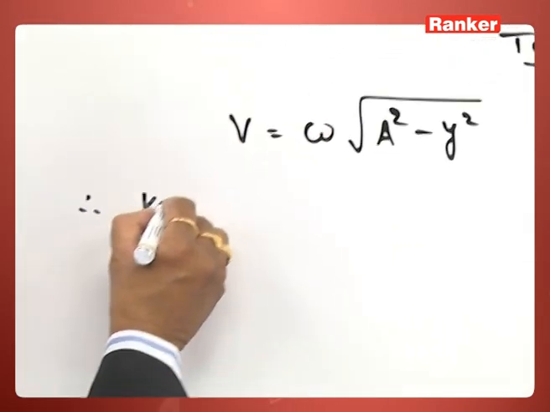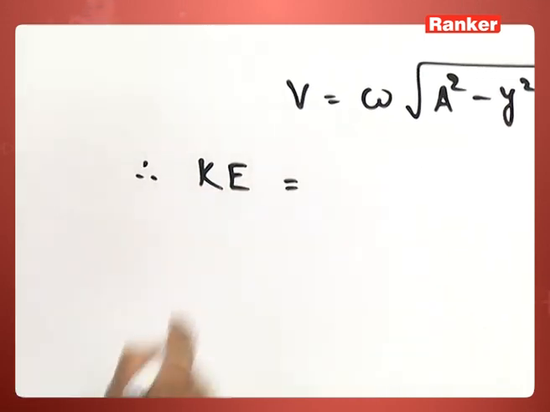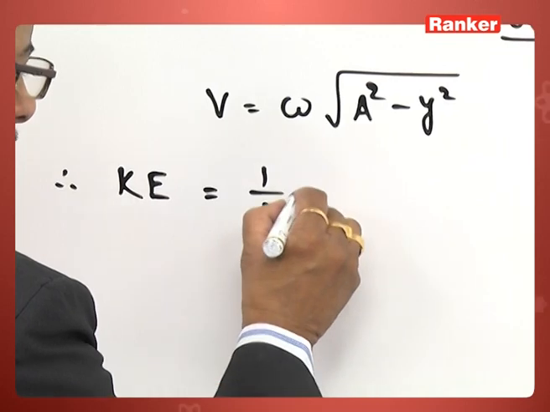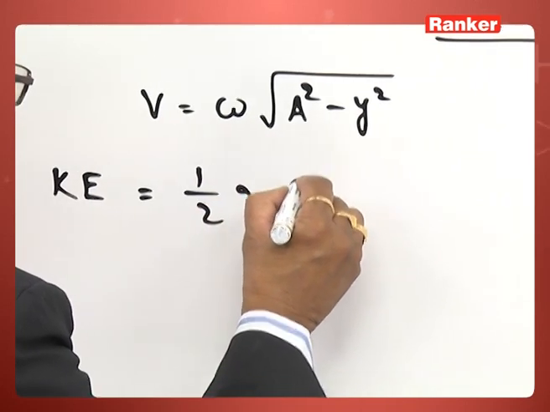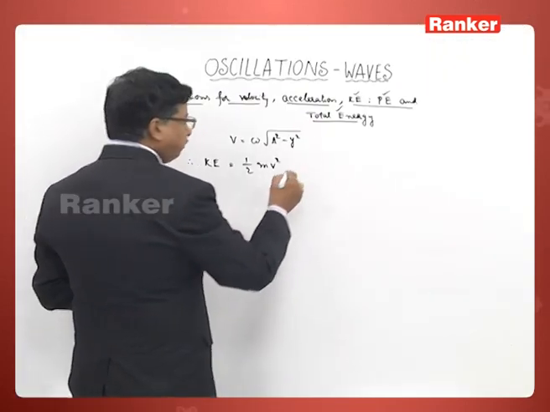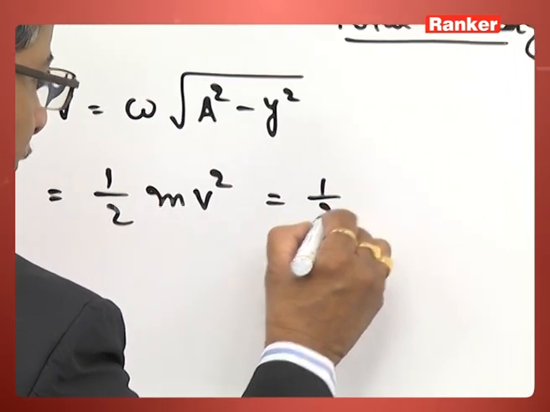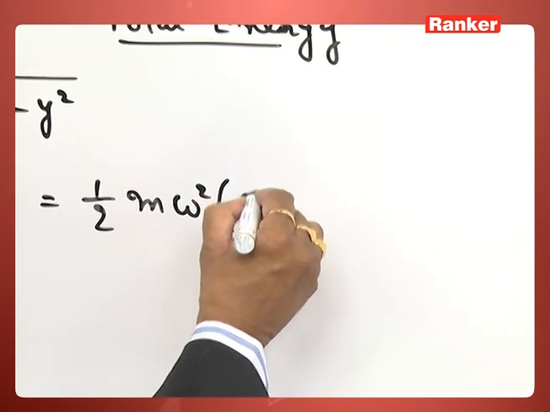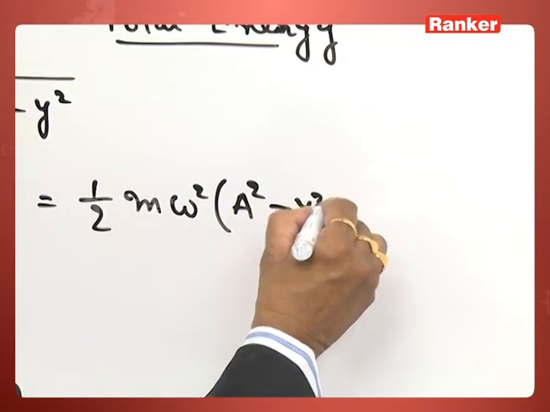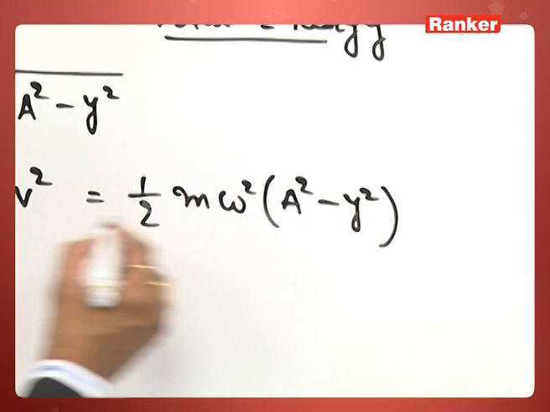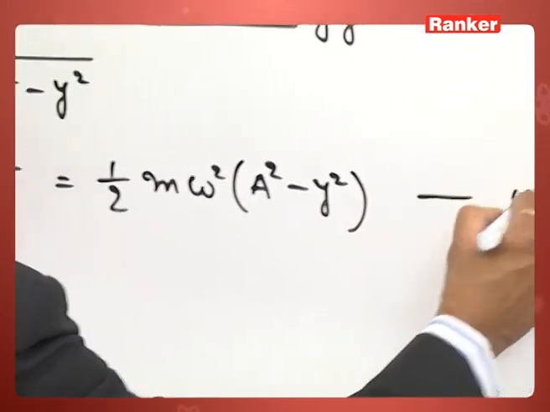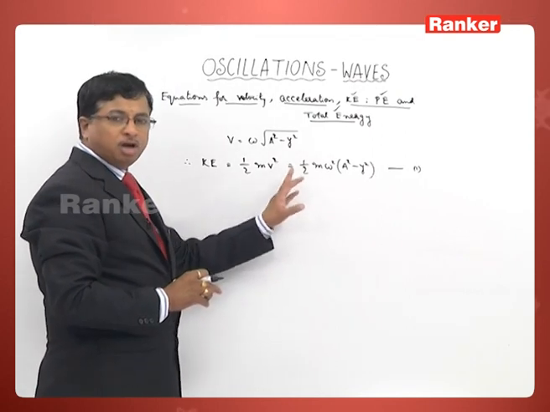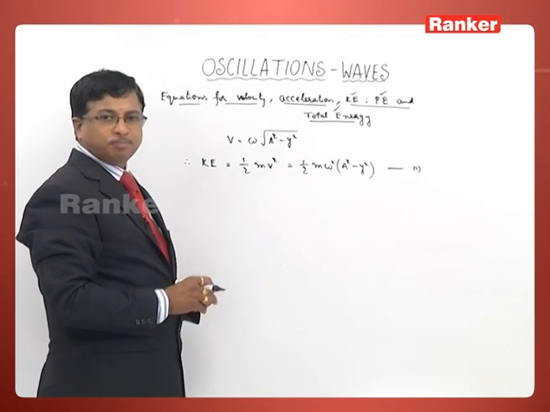Therefore, what is the corresponding equation for its kinetic energy? The basic formula for kinetic energy, we all know, is half m v square. This now can be written as half m omega square into (A square minus y square). This is the equation we have to remember as far as kinetic energy of the particle in simple harmonic motion is concerned.